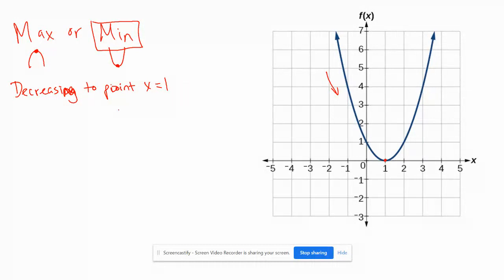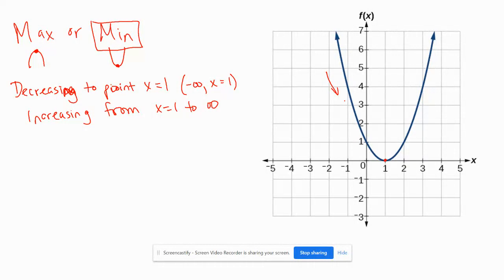Right? Or you could say decreasing from negative infinity to X equals 1. And it's increasing from X equals 1 to positive infinity.